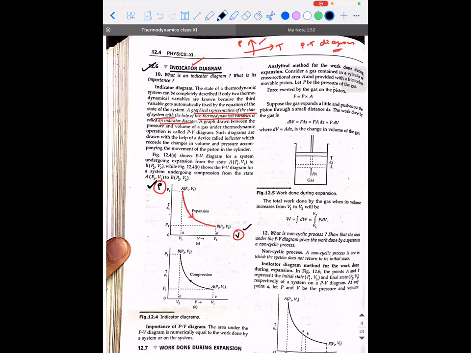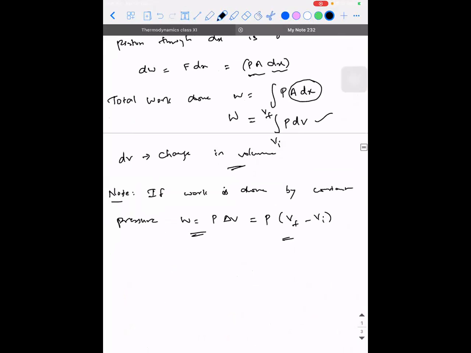Similarly, I also explained what work done means in a thermodynamic system. Work done in a thermodynamic system is equal to P delta V, or P into (V final minus V initial).